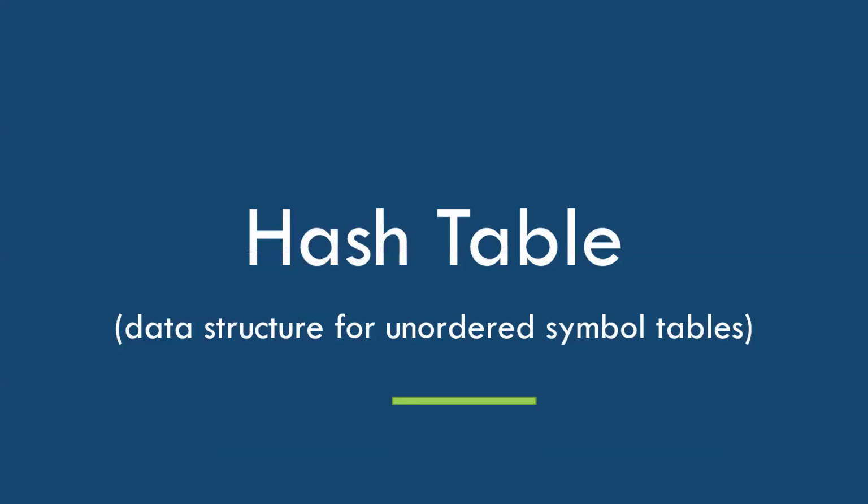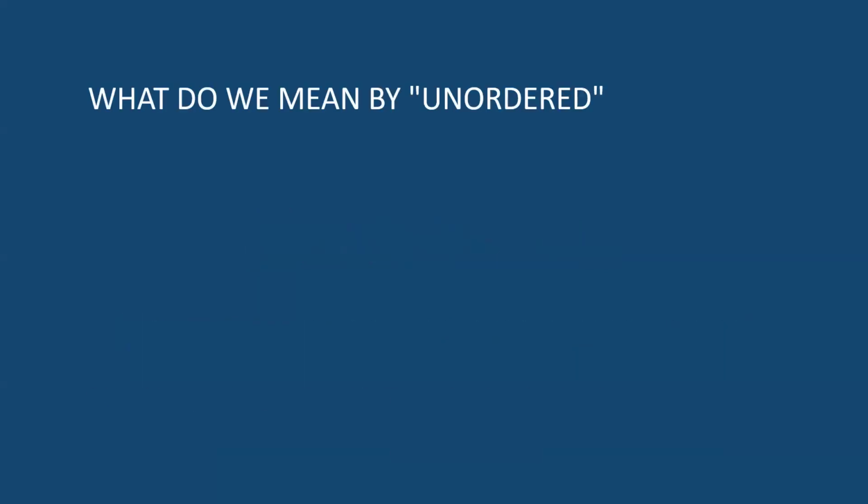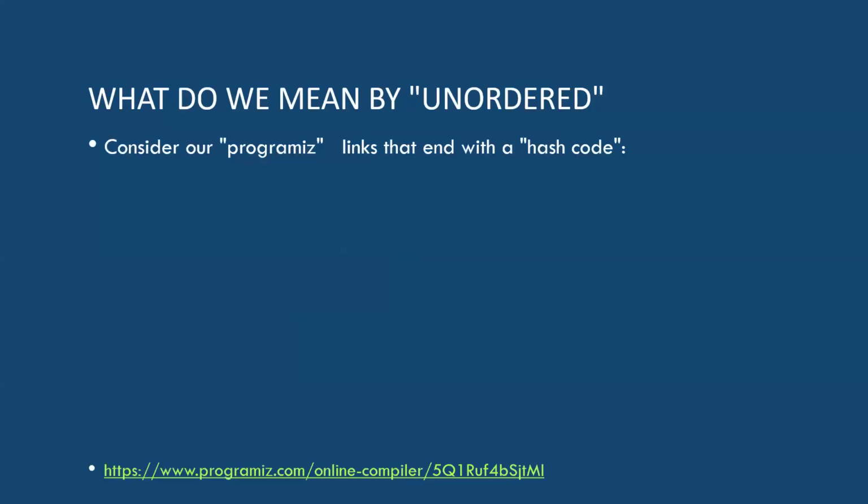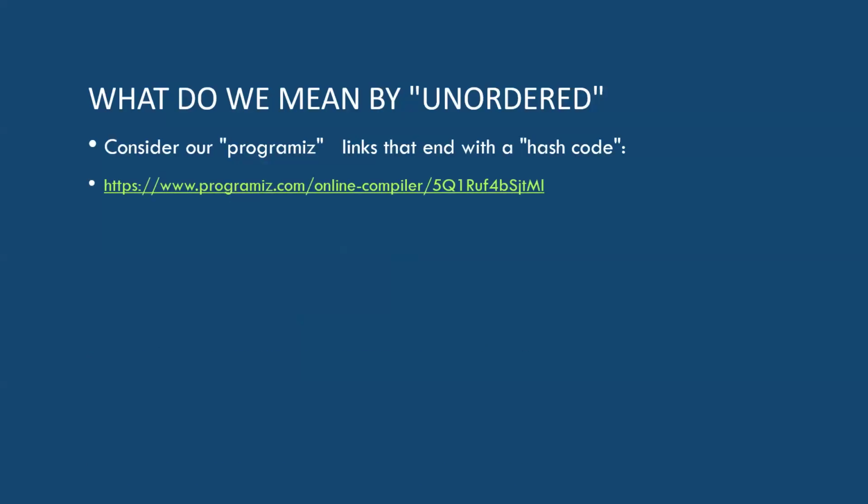Okay, so let's talk about hash tables, unordered implementation of symbol tables. Unordered basically means, if you think about URLs, and in particular what Program IZ is doing, and many other web companies as well, they put a string of characters at the end. We've seen this many times.